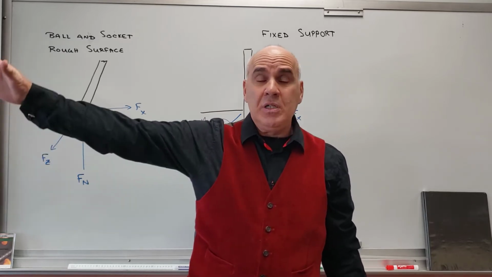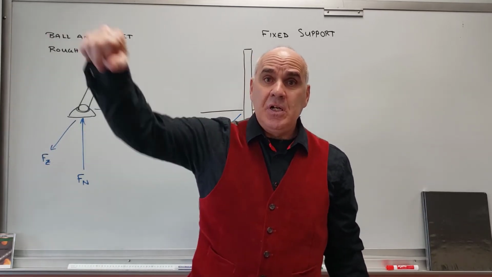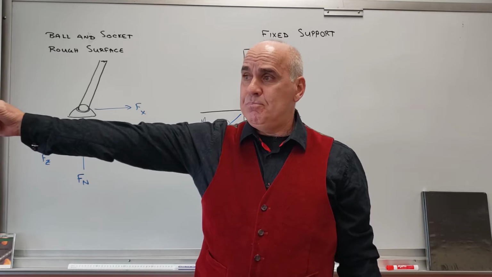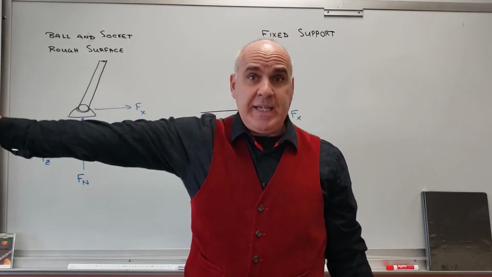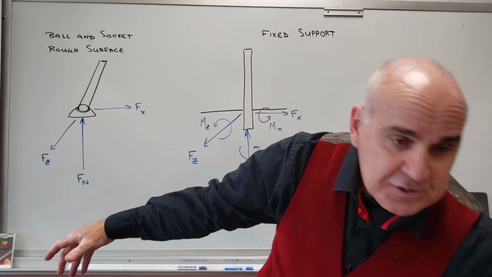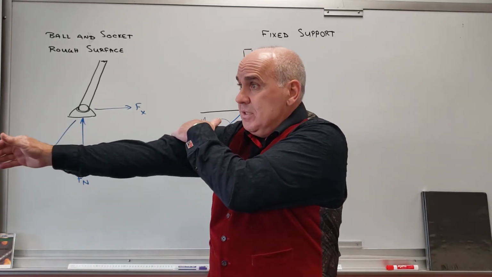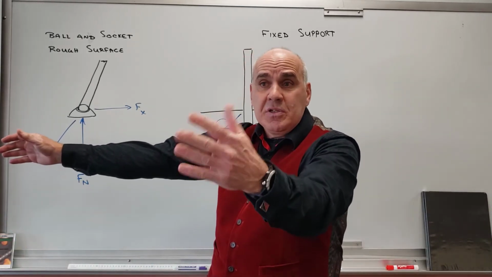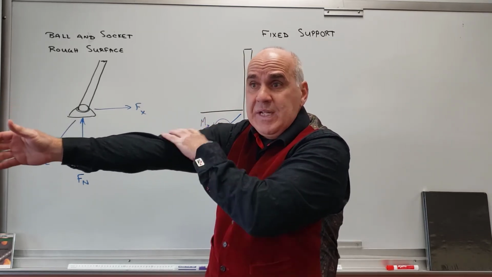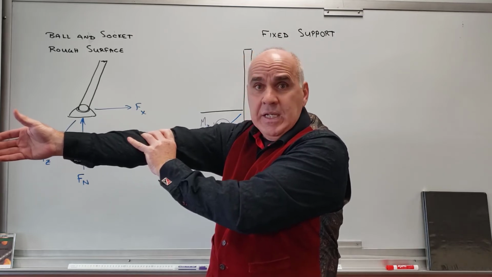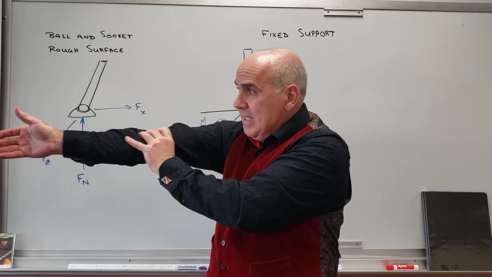A really good ball and socket is your shoulder. I can't pull my arm away from my shoulder, I hope. I can't pull it up and I can't pull it towards the camera. If I pull in this direction, the arm doesn't move towards the camera. If I push in this direction, the arm doesn't move up, the arm doesn't move down. If I pull it out this way, the arm does not move in that direction.